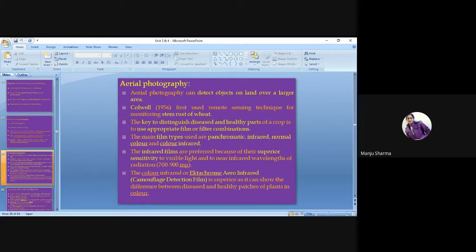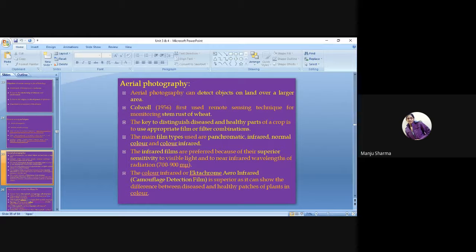The main film types used are panchromatic, infrared, normal color, and color infrared. The infrared films are preferred because of their superior sensitivity to visible light and to near infrared wavelengths of radiation, 700 to 900 nm.